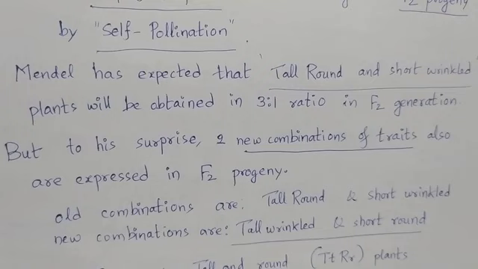But to his surprise, two new combinations of traits were also expressed in the F2 progeny. What are the old combinations?